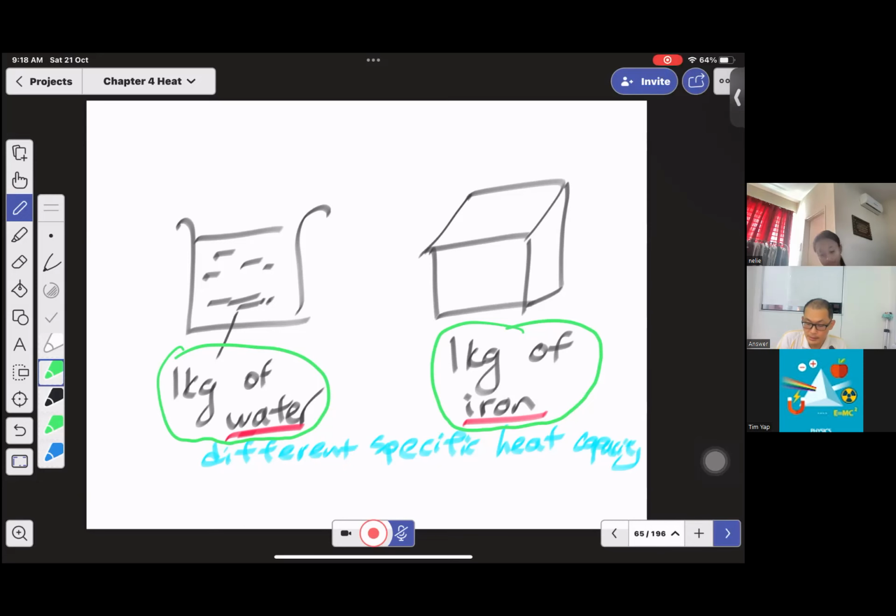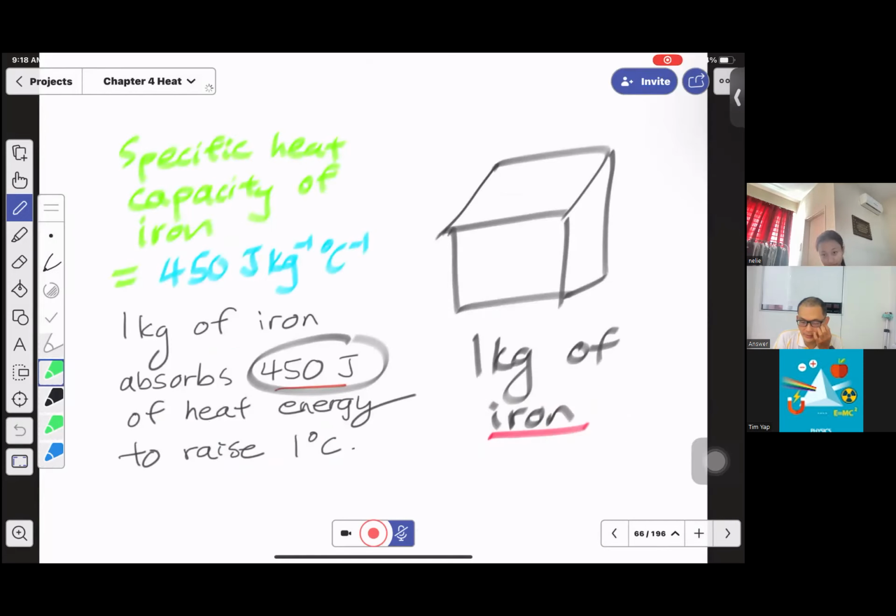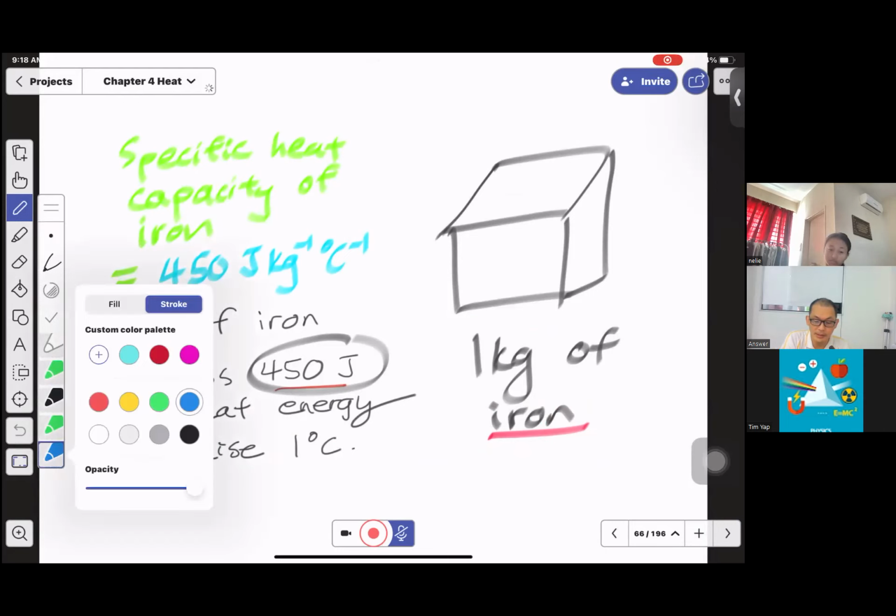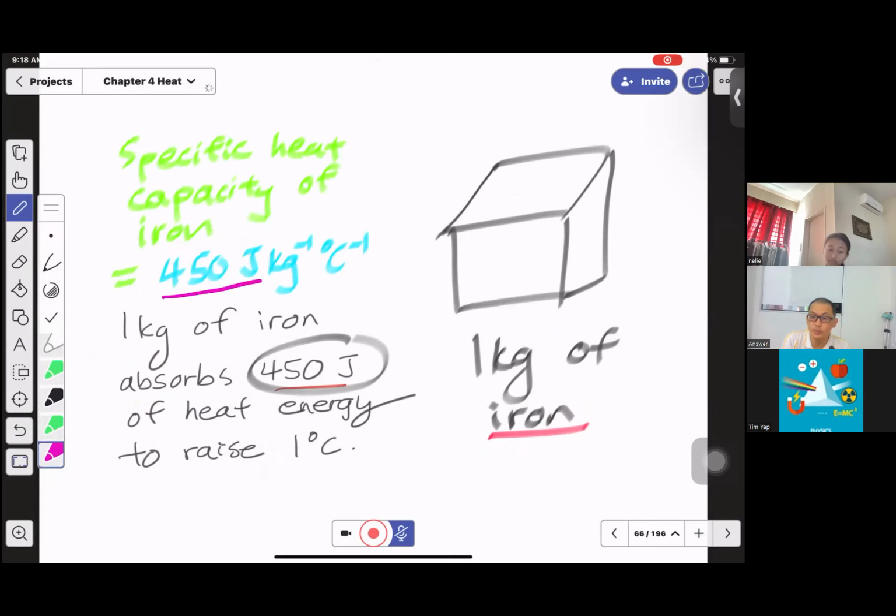For iron, the specific heat capacity is 450 joule per kg per degree Celsius.